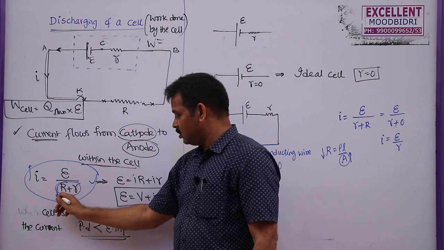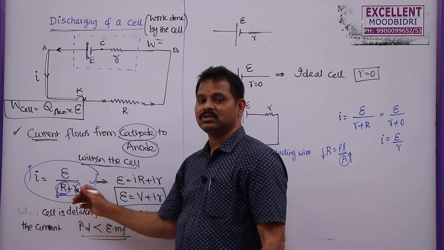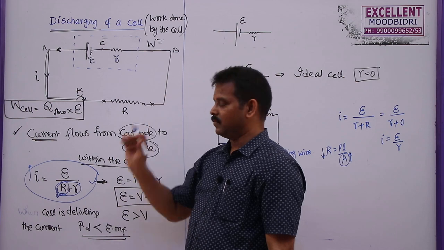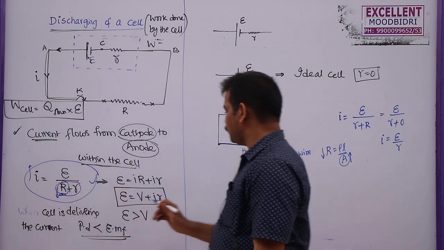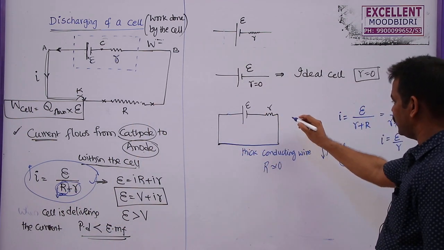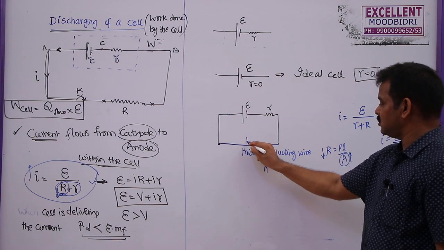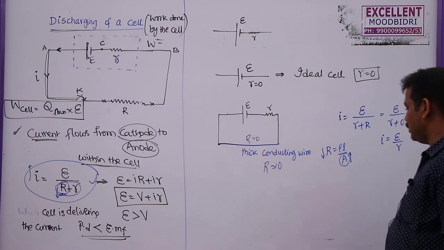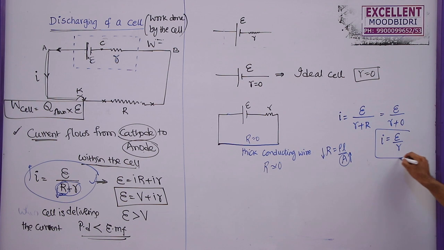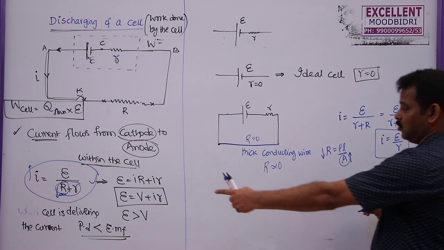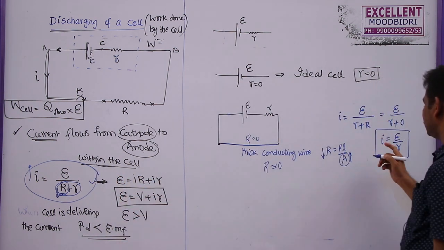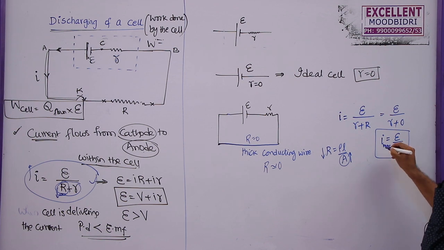It is when the external resistance becomes 0, because the internal resistance may be 0 for an ideal cell. But here, for a given cell that is not ideal, if the external resistance is 0, then the current becomes E by r, and compared to the others, this is the maximum current.